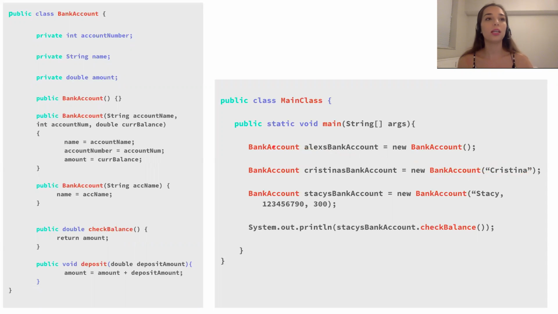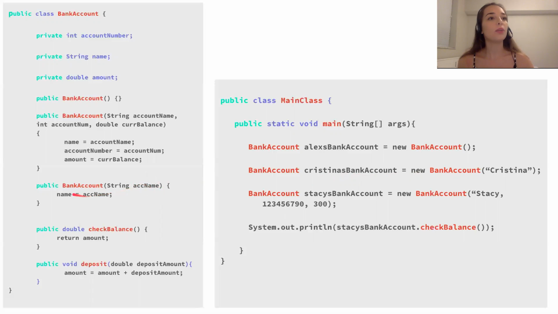So it's going to look in here and it's going to find that there is one here. This is public bank account and it takes in one parameter and it is a string. So this value Christina is going to be passed in as a parameter and we know it's going to be saved as account name, so we can use account name, and account name will have the value Christina.